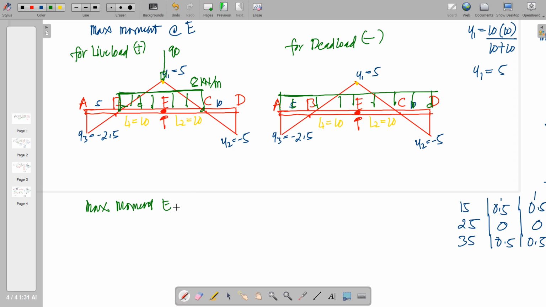So start with the live load. 90 is multiplied by the ordinate, and then we add 8 times the area of that triangle, that is 1/2, base is 20, height is 5. Okay, and then we add the sum of this dead load.